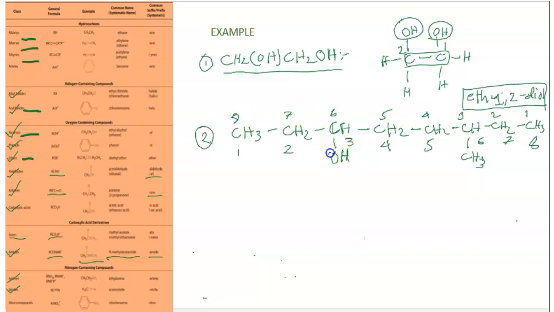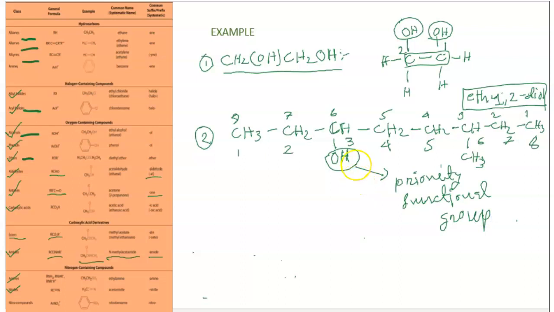But OH is my priority functional group. So OH means ol is my priority. So I will take the lowest number. 3 is the lowest, 6 is the largest. So I will remove this numbering and take this numbering. So 3 is my first priority, and 6 is my second.